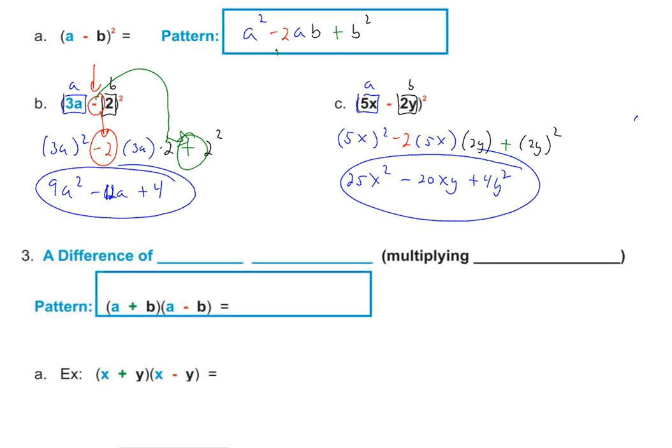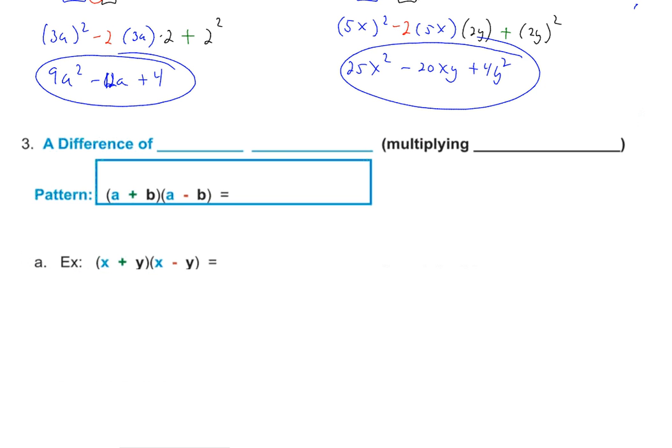So the pattern takes care of that negative right there in the pattern. So again, if you were to multiply it out longhand, you'd see that that's indeed how it ends up. So that minus sign is taken care of by the pattern. Kaylin. Say again, you figured it out? Okay. Any other questions on those two?